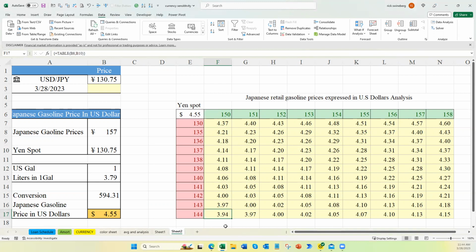You're going to be paying $3.94 for that gas. On the high end, of course, it's 158, and the yen is relatively weak, or more expensive against the dollar. That gas is going to cost you an equivalent of $4.60.